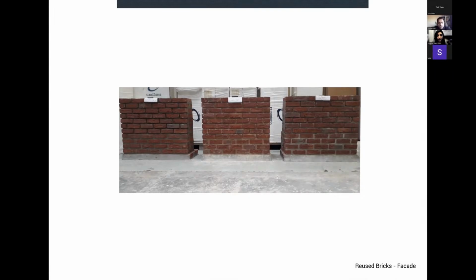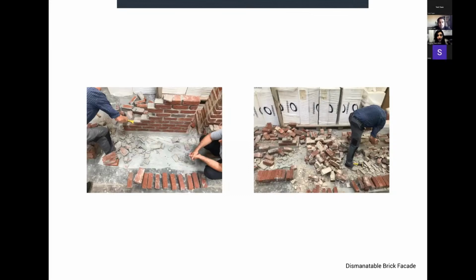I hope that situation wouldn't arrive, but it's always better to design for the future. So the contractor took a lot of effort to build mock-ups where he would build the facade system with different mortar joints, keep it for a few days and break it, and disassemble the brick facade again after a few days, to show the flexibility to the client.